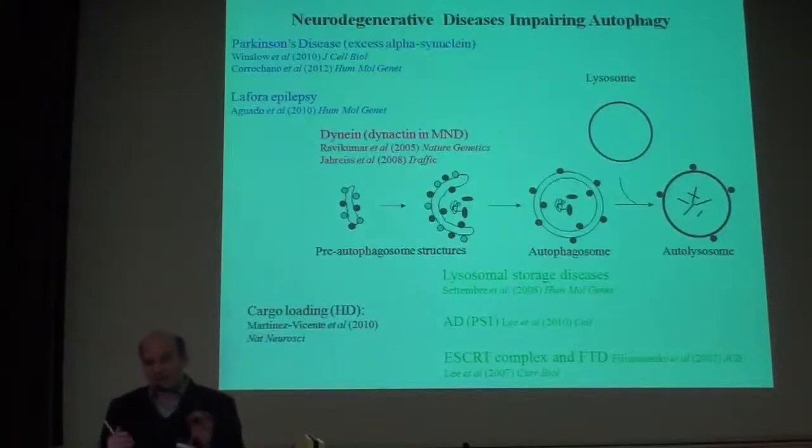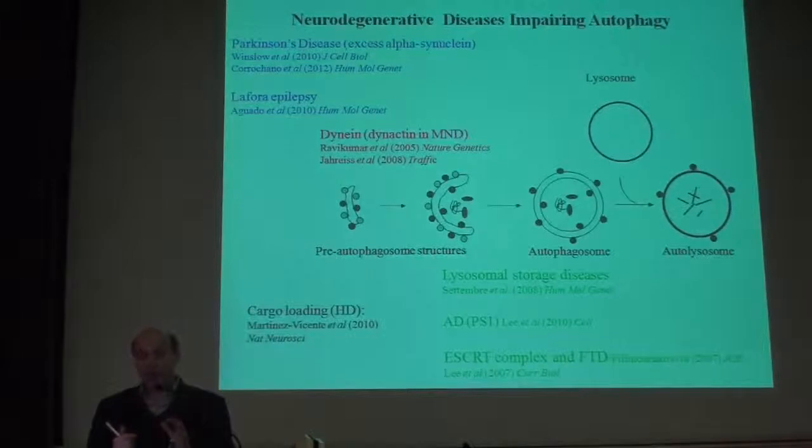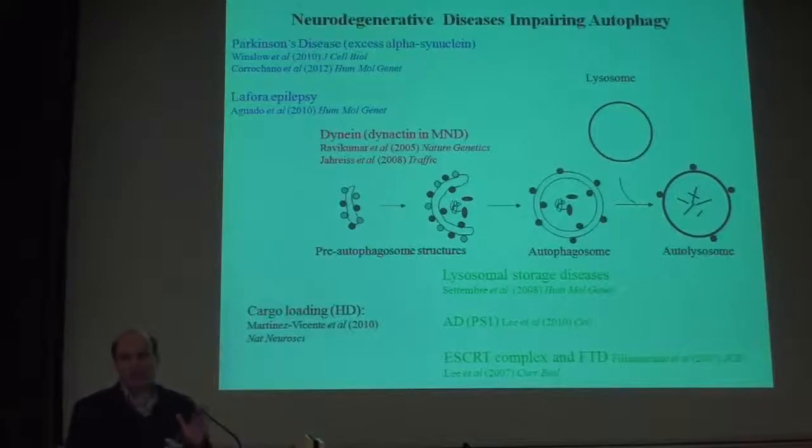I think these studies from the two groups were very important because they set the scene for trying to understand what might be going wrong in various neurodegenerative diseases, where we now know there are multiple conditions where there are defects in different stages of the autophagy pathway. And so I'll give you some examples. The color code is meant to show defects at different stages of the pathway in different diseases.